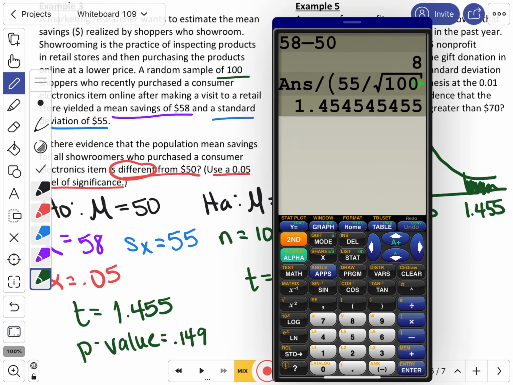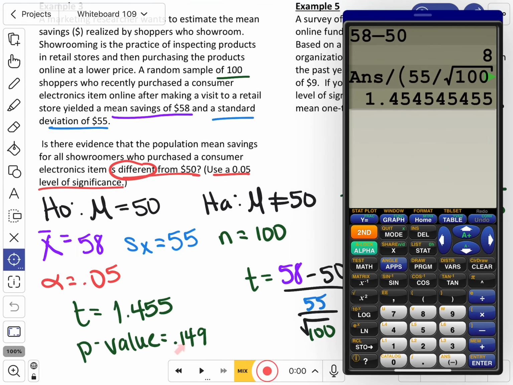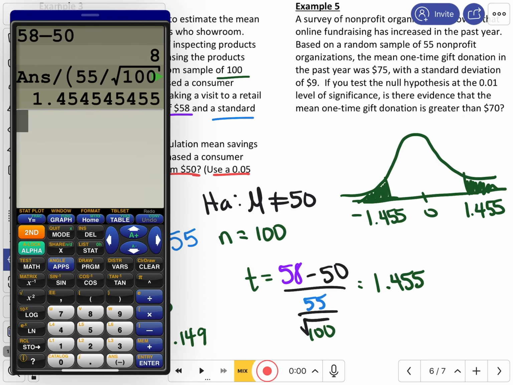Now, we know that that area from our calculator should be this 0.149. So to calculate that 0.149, again, we're going to use the TCDF. And remember, for TCDF, you need degrees of freedom. Well, my degrees of freedom here are equal to 99. And I'm going to calculate this one right here on this side. So I know I need to go to positive 999.